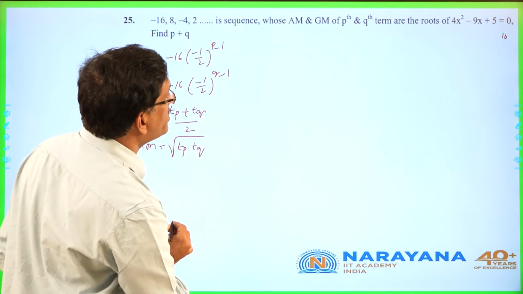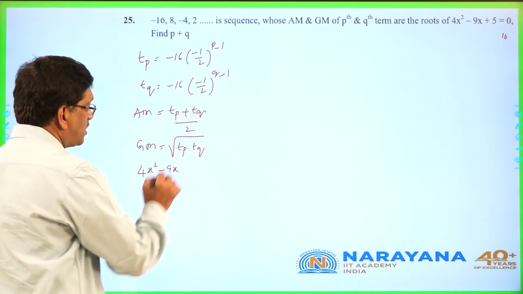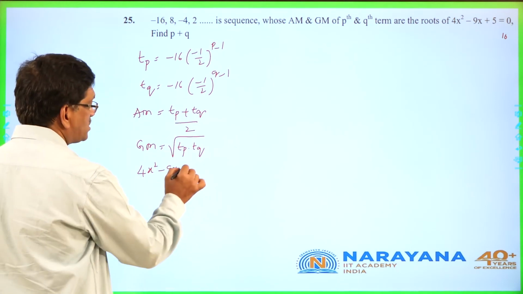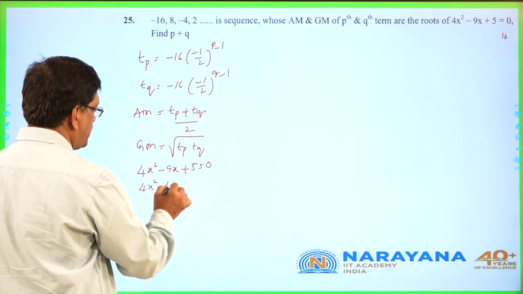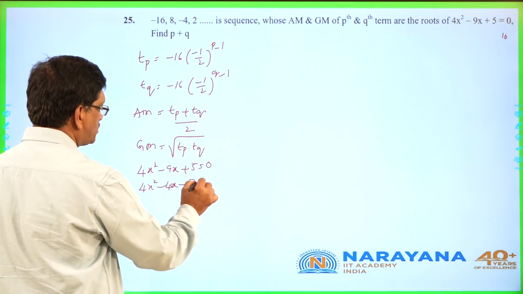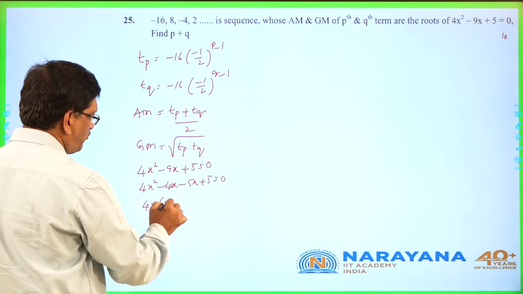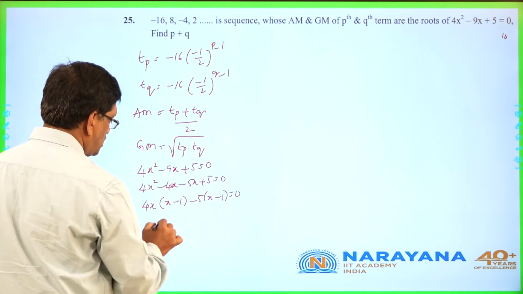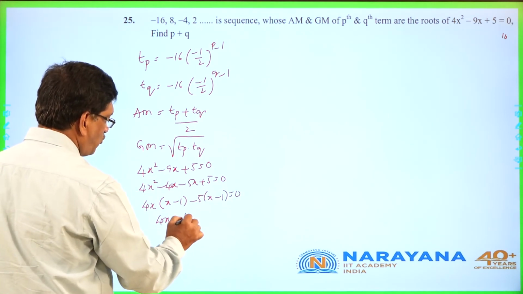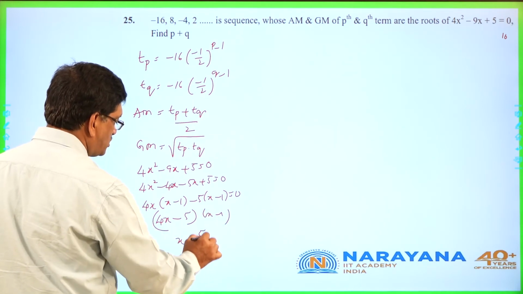Now that equation 4x square minus 9x plus 5: minus 4x minus 5x equal to 4x if you take common like this. So it is 4x minus 5 into x minus 1.